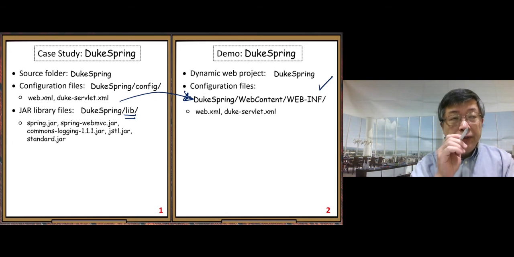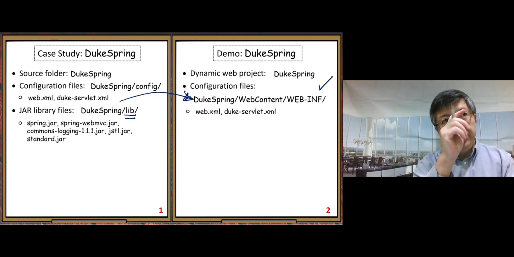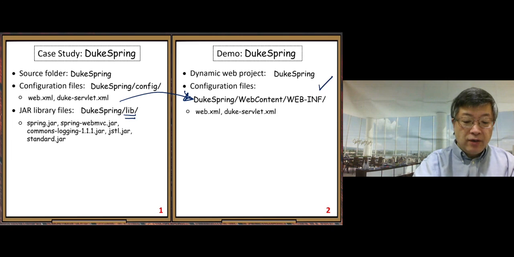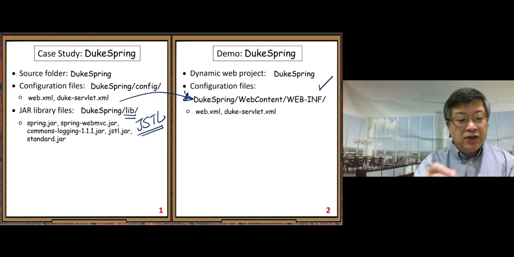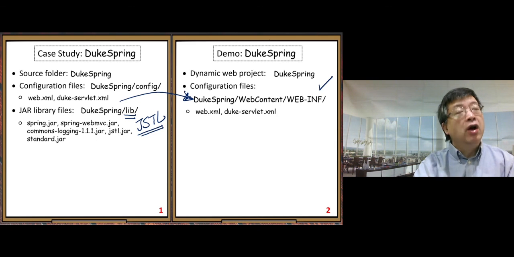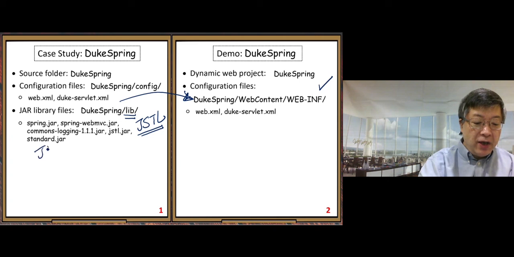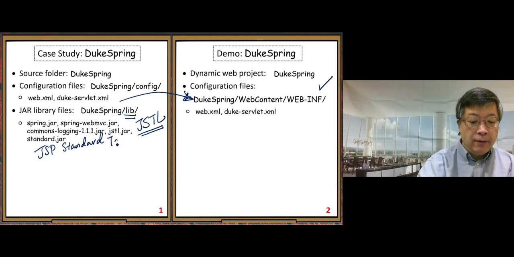The last 2, I use because in this example, we will use a simple feature from JSTL, the JSP Standard Tag Library. Oh, JSP, not Java, this J. JSP Standard Tag Library.